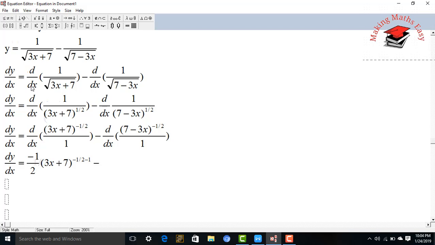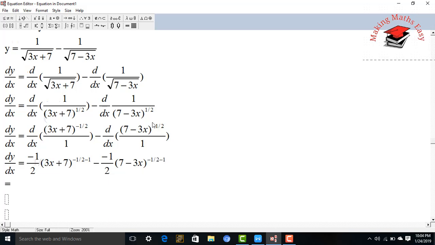Again the same thing: minus 1 by 2, and then 7 minus 3x raised to the power of minus half minus 1. So minus 1 by 2 minus 1.